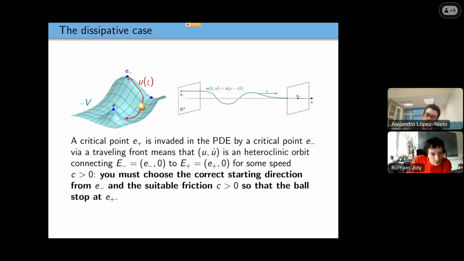But not only do you choose the direction in which you push the ball, you also choose the friction, so how much you brake. If you brake enough, it is possible to have a solution that goes there and just brakes, to reach this equilibrium, which has a lower energy, but since you have friction, it's possible. So you have two parameters now, the direction and how much you brake, so it's the choice of the speed, actually. Okay, so this is the difference.